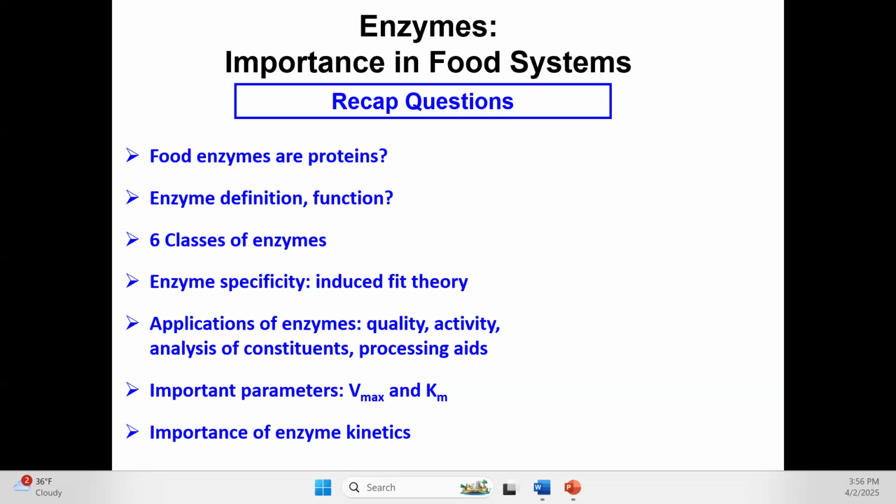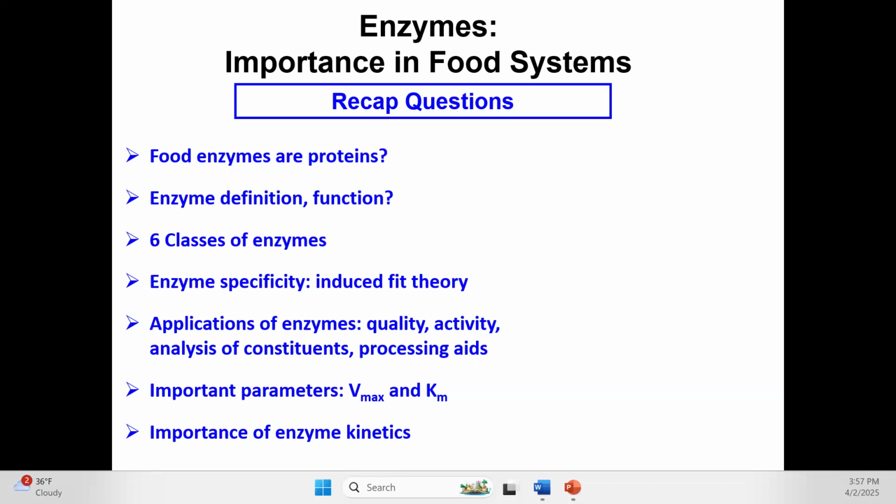What else? Ligase? Okay, it's not very common, but yes, ligase. Another one, polyphenol oxidase, an oxidoreductase. We're going to talk a lot about hydrolases and oxidoreductases. There's also transferases, isomerases. These are important enzyme classes.